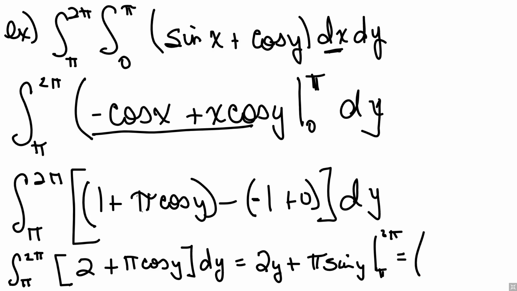So if we evaluate at 2 pi, what value will we get? 4 pi plus 0. Minus, if we evaluate at pi, we're going to get 2 pi plus 0. So our final answer is going to be what? 2 pi. And that's our answer. Okay. Any questions?